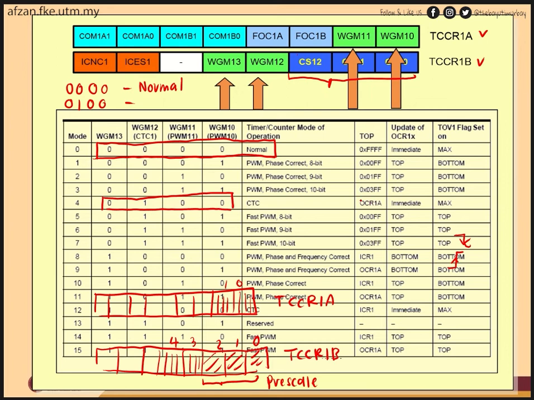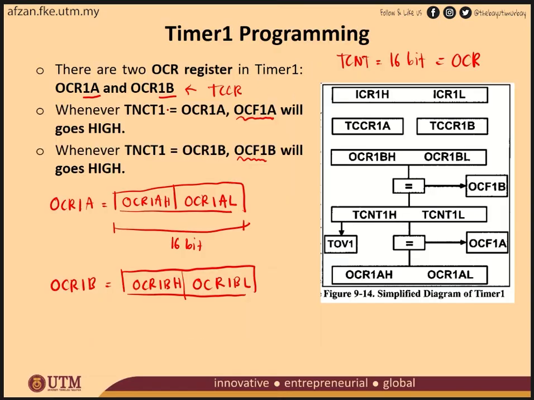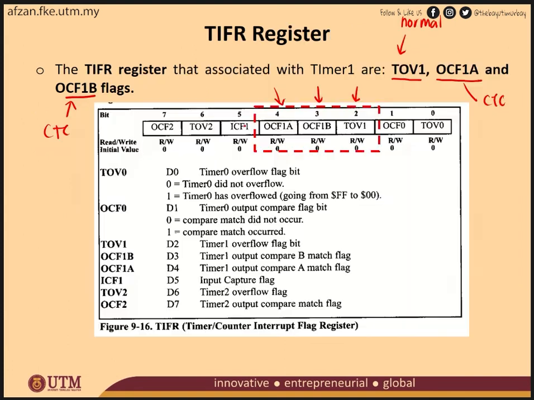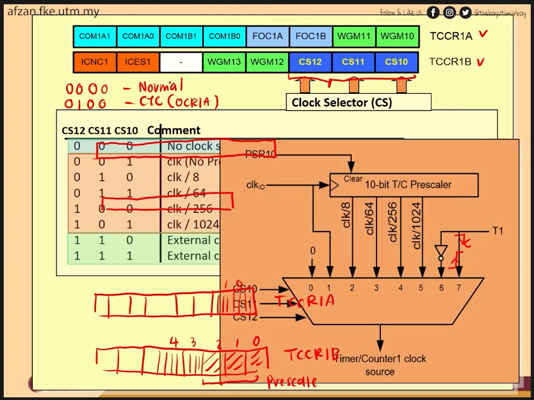Since it's CTC mode, you're choosing the OCR1A register to compare with your TCNT. Recall that you have two OCR registers, OCR1A and OCR1B. Since the setting here is 0, 1, 0, 0, you're going to use the CTC mode by using OCR1A.